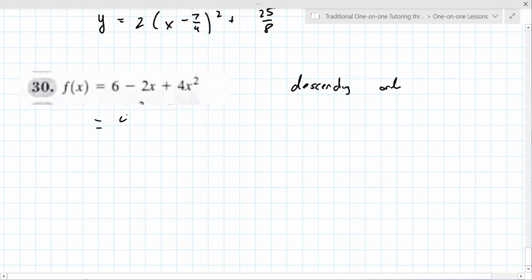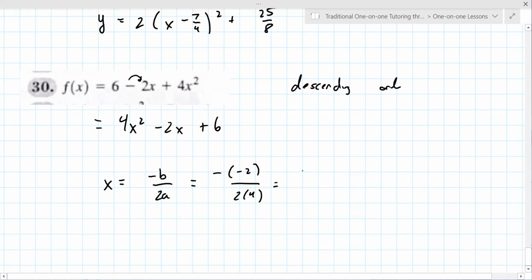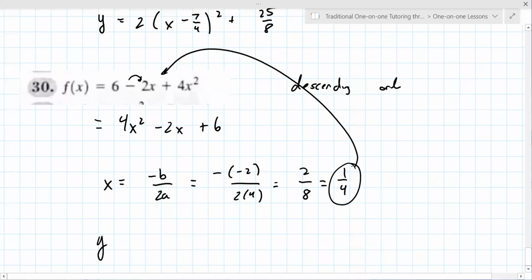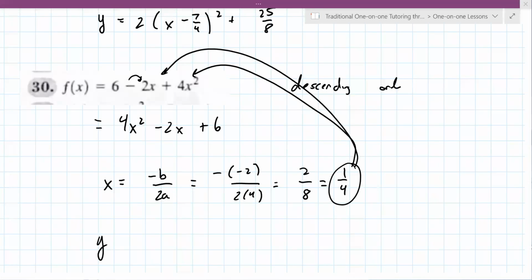So that's 4x squared, the sign always goes with it, so minus 2x plus 6. And we'll do the same thing again. The x coordinate is minus b over 2a, so that's minus a minus 2 over 2 times 4. So that's 2/8, 1/4. To get the y value, you have to put that back into the original or our modified one. Either one is good. If you've got a calculator, go ahead and give that a try.